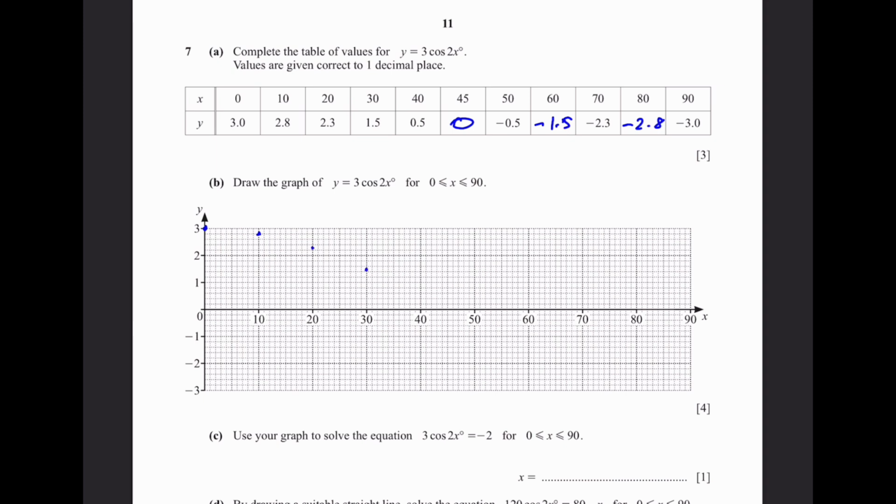We can just plot all the values which we have found so far, and we have a smooth curve. And now we can just connect all of these dots using our pencil. Let me just adjust this graph a bit.